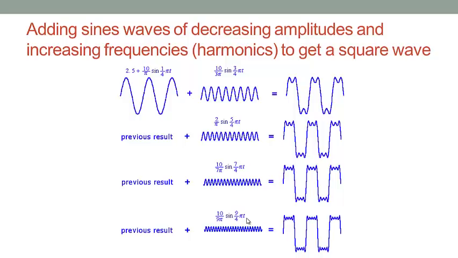They are all sinusoidal waves. Their frequencies are related by an integral multiple, so with respect to the fundamental frequency, it is multiplied by an integer. So they are harmonically related, and the amplitude is different. So you are getting a weighted sum of harmonically related sinusoids to get a square wave.